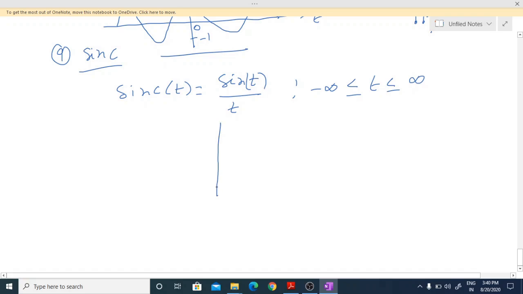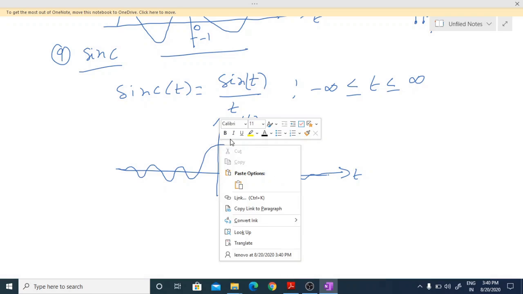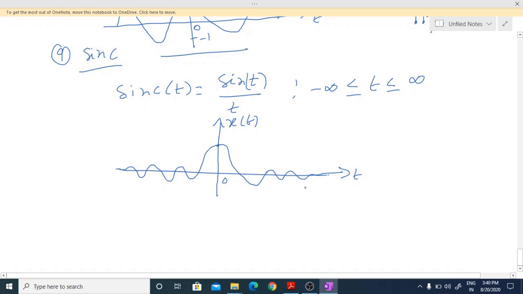So this sinc signal is drawn as follows. At the center point the sinc signal amplitude is high. Whenever you move away from the center point the amplitude of the signal will be reduced. At one position the corresponding amplitude will be 0, at infinity time.